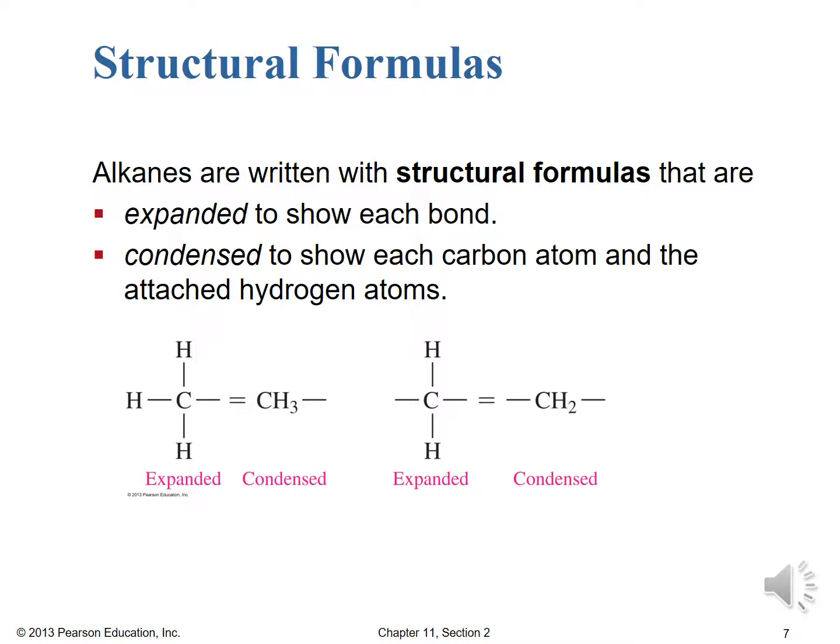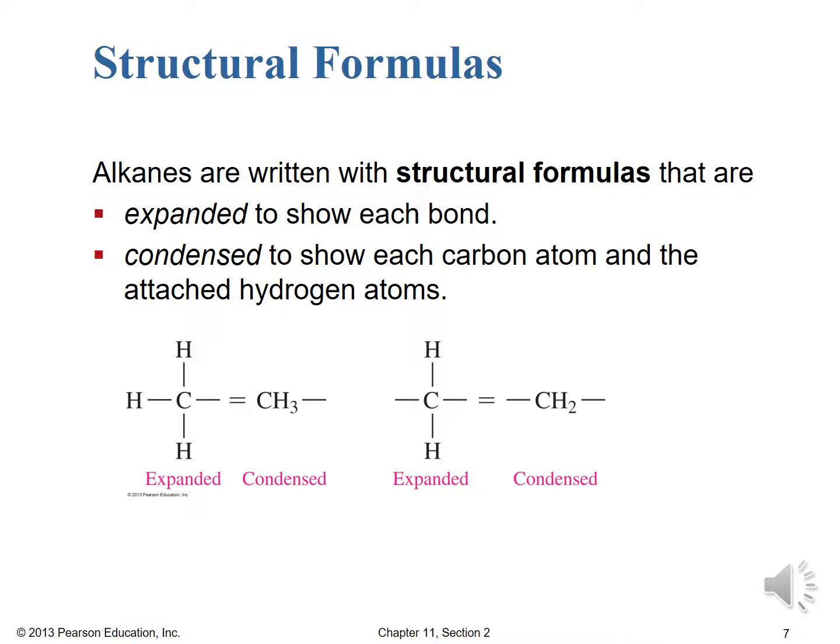But you should be able to recognize whatever form I use, and hopefully you should be able to use whichever form is most convenient for you. Expanded tends to be nice when we're looking at every atom, especially if we want bond angles or something like that, but condensed works well in terms of being able to represent the groups quickly.